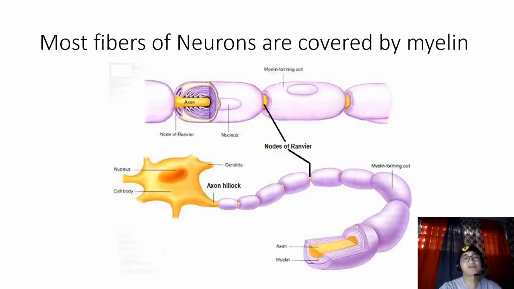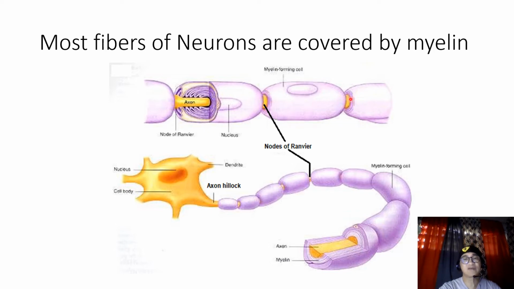The axons of neurons are also called fibers, and most fibers of neurons are covered by myelin sheath, which are actually the membranes of oligodendrocytes in the central nervous system and the Schwann cells in the peripheral nervous system. Because of this myelin sheath, the entire fiber is almost completely insulated except at certain regions in between the glial cells.